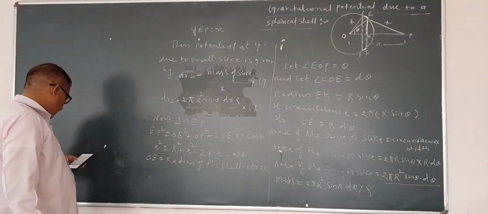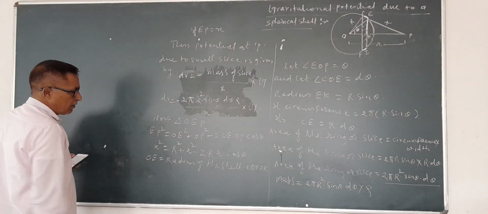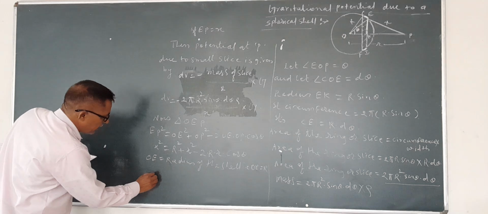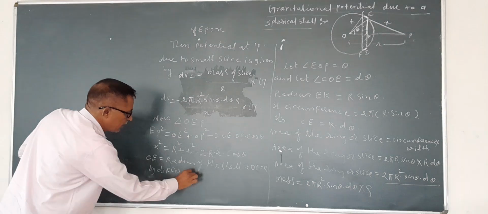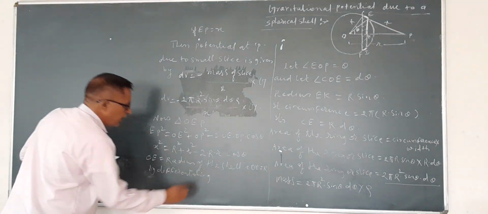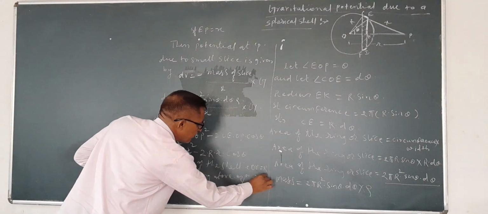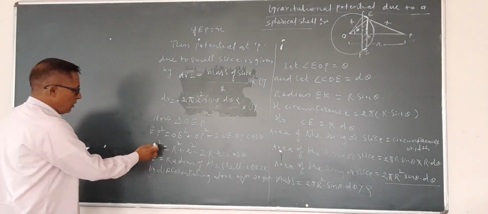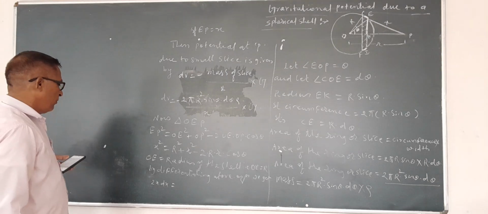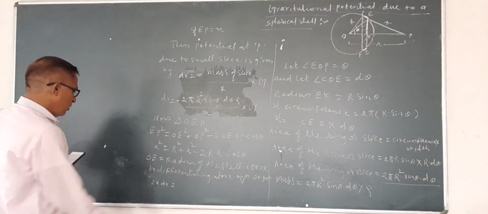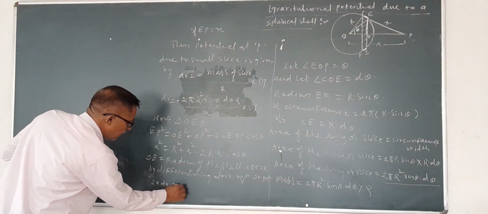Now differentiating our equation, if we differentiate x², we get 2x dx, plus the differentiation of this constant term is 0.